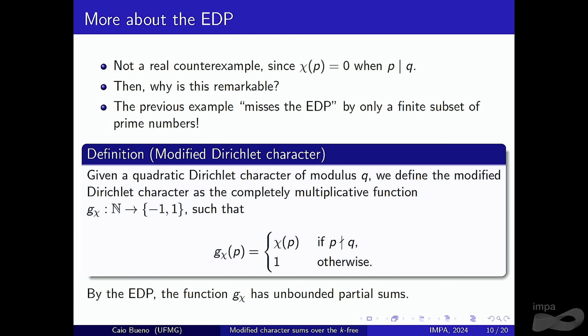We take a quadratic Dirichlet character chi modulo Q, and we define g sub chi to equal the quadratic character if a prime number does not divide its modulus and 1 otherwise. So it's probably the simplest modification we can do to eliminate the zeros of a Dirichlet character. And of course, by the Erdős discrepancy problem, this has unbounded partial sums.